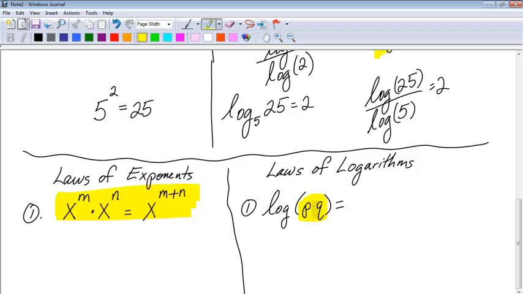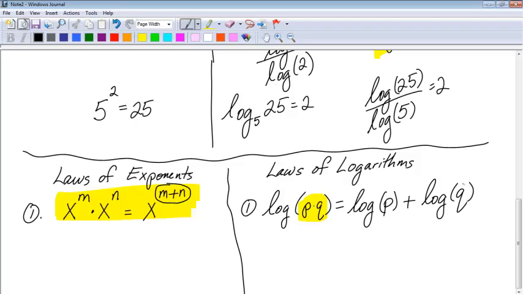So if I multiply the numbers, what do you guess I do with the logarithms? What do we do over here? We add them. So we add the log of p plus the log of q. And if you think back in the history of math, if you had a choice, would you rather add two numbers or multiply two numbers? A lot rather add.